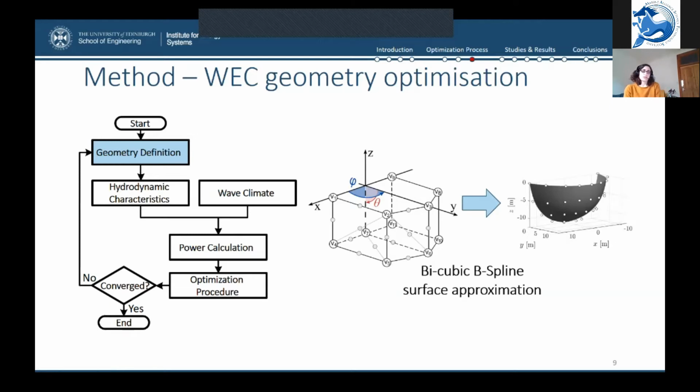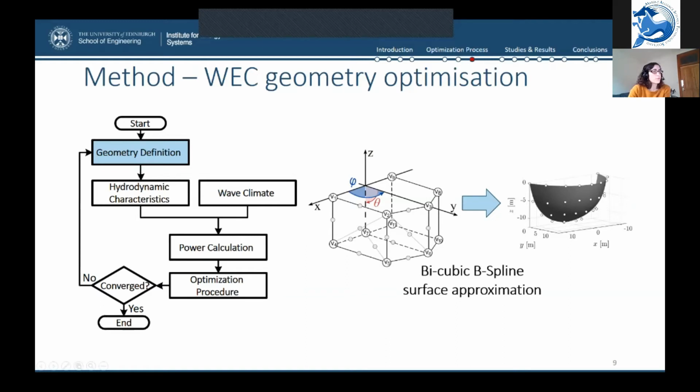What you can see here on the right picture would be half of the submerged hull of a wave energy converter approximated through this method, where the white dots are the vertices and interpolated vertices in between. And the smooth surface would be the actual surface of the wave energy converter.